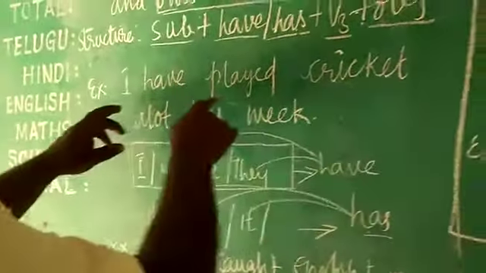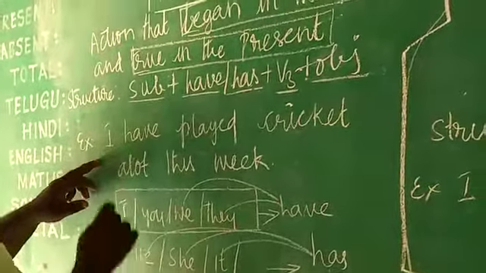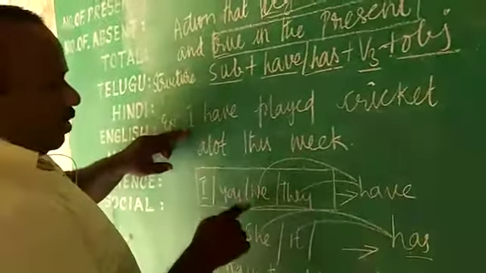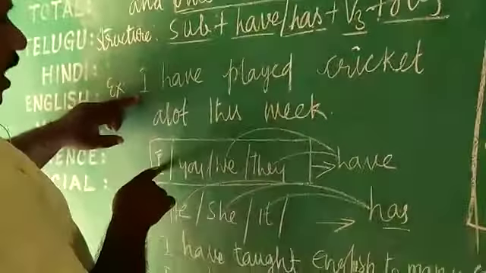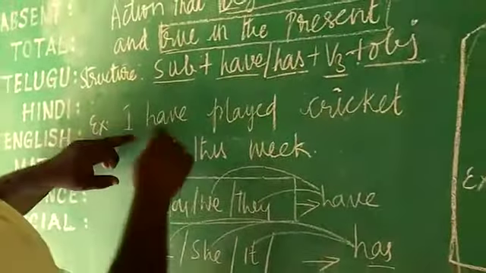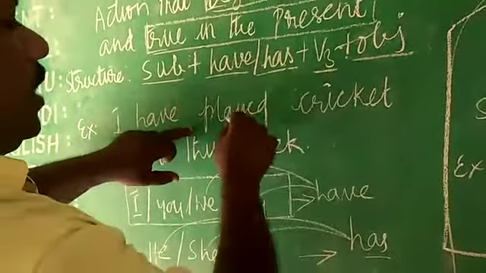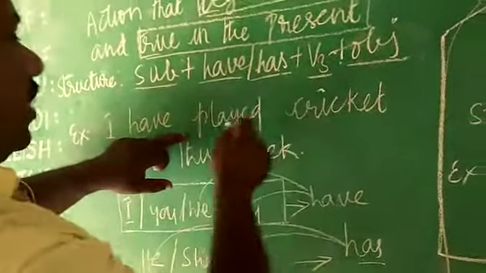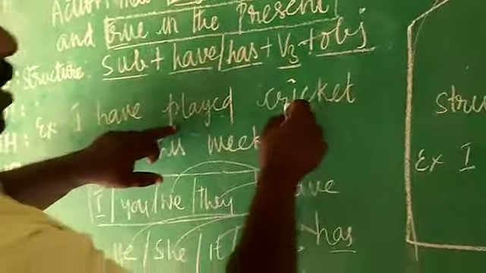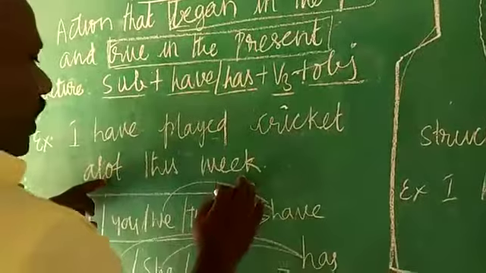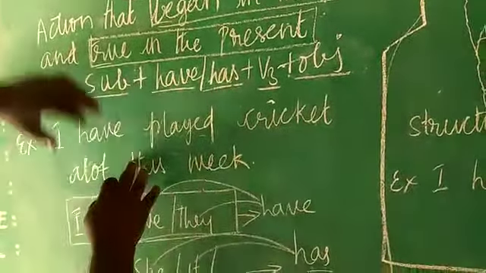So we'll go with one example here in present perfect tense. I is the subject. According to this, if you take I as a subject, you have to take have. I have. V3: play, played, played, so V3 is played. Cricket is given as an object. I have played cricket a lot this week. Now we'll go with the definition here.